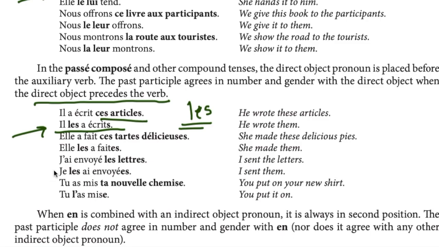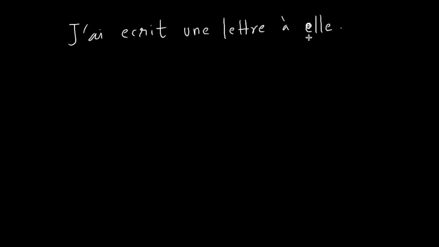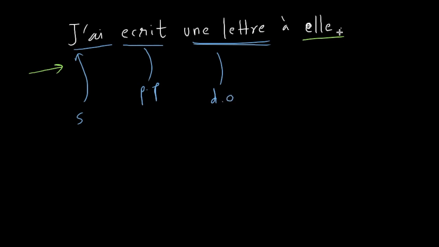J'ai écrit une lettre à elle. I wrote a letter to her. In this particular sentence, what's the subject? Subject is je, right? This is the auxiliary verb or helping verb, avoir, past participle, direct object. And this is the indirect object because there's a preposition between this and the verb.